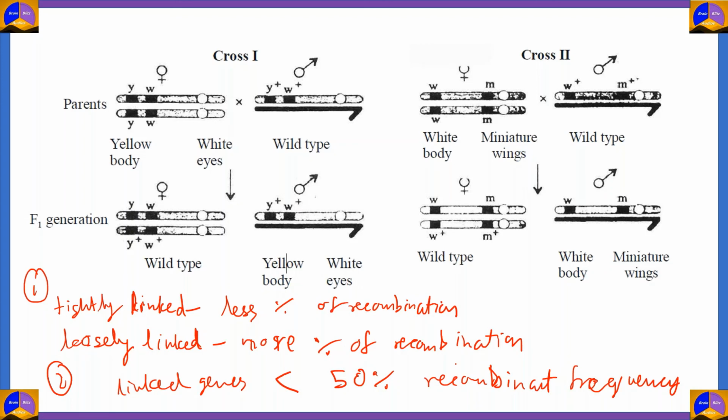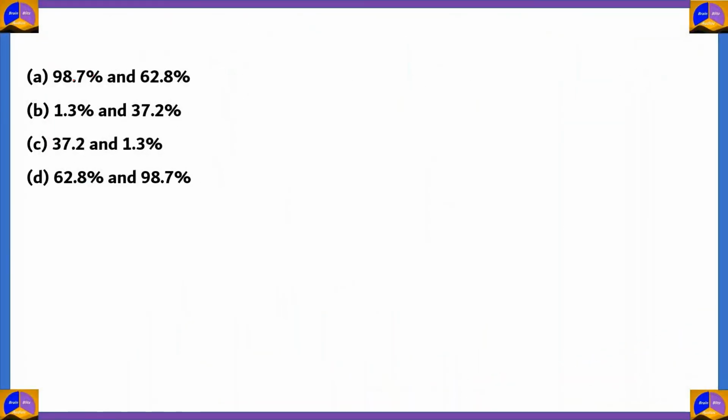So with both of these in mind, let's attack our options. Option A, 98.7% and 62.8%. These are more than 50%, which means that both the percentages are for parental genes. So option A is incorrect.